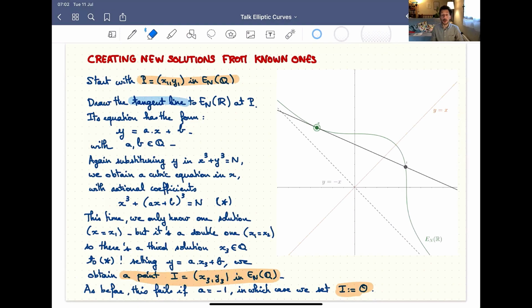Why is it important to talk about rational numbers instead of real numbers? Does it have anything to do with crypto? And if we take a real number, would it be useless in crypto? So you can talk about real numbers, real solutions. That's just a different topic, I guess. We look at rational solutions to the equation because it's just a different question you can ask.